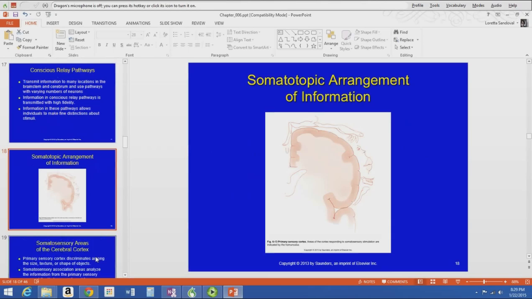Okay? So I talked a little about the somatotopic arrangement of information. There's this picture in the book, and I don't know how well it shows up here. Fairly well. It's the little representation of the primary sensory cortex in the cerebral cortex, and the little arms and legs and face and everything, those are called the homunculus.